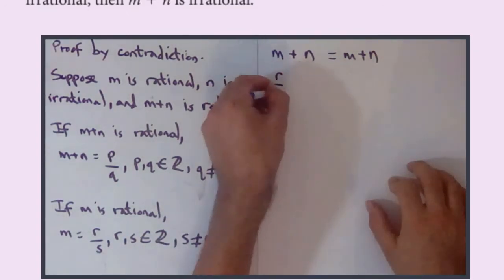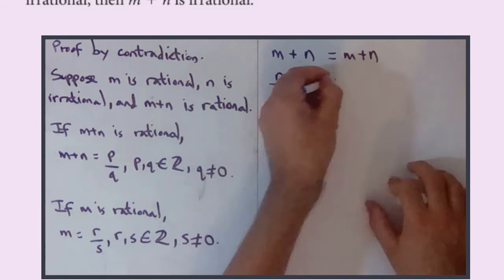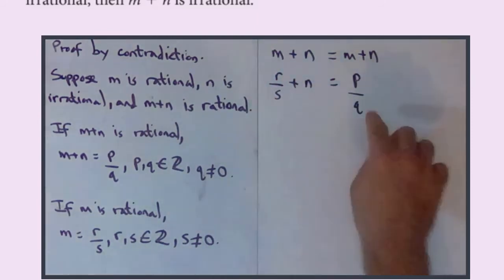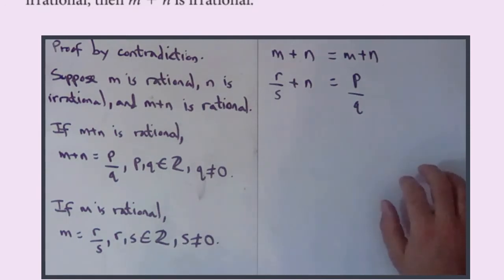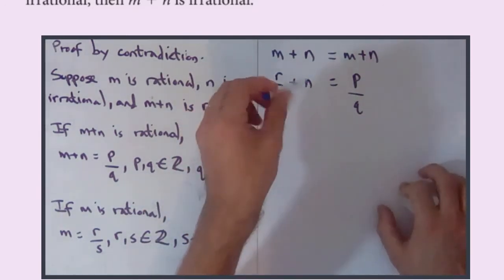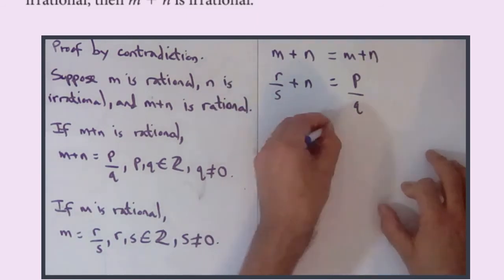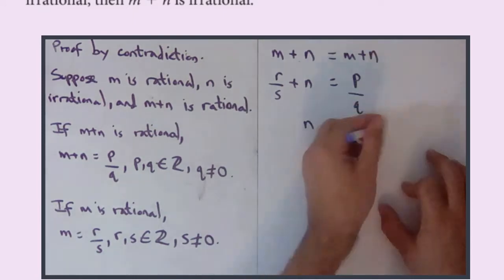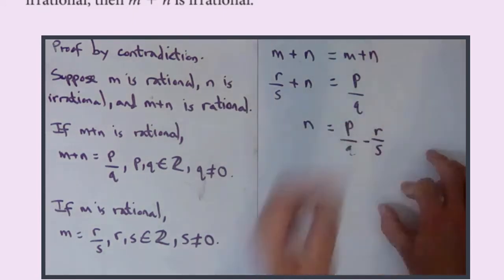So r over s plus n equals p over q. We're going to show that this gives us a contradiction. So let's see if we can get n on its own. This would mean n equals p over q minus r over s.